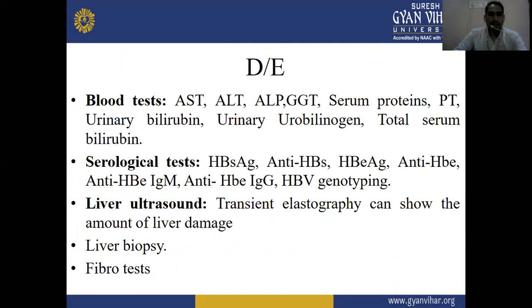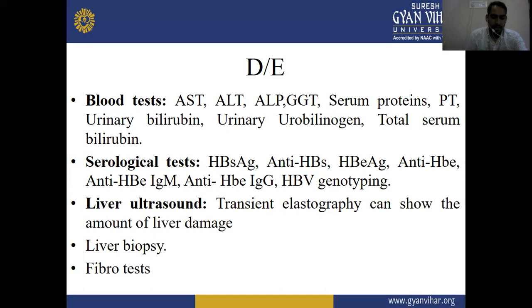Next one is the diagnostic and evaluation tests of hepatitis B. The first diagnostic test is the blood test, which includes AST, ALT, ALP, GGT, serum proteins, prothrombin time, urinary bilirubin, urinary urobilinogen and total serum bilirubin.